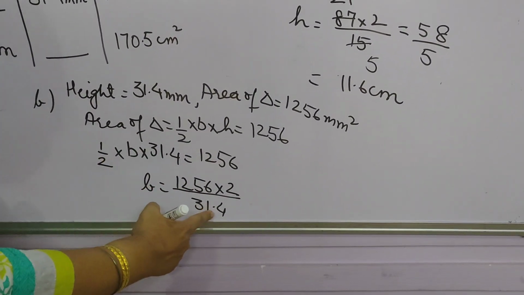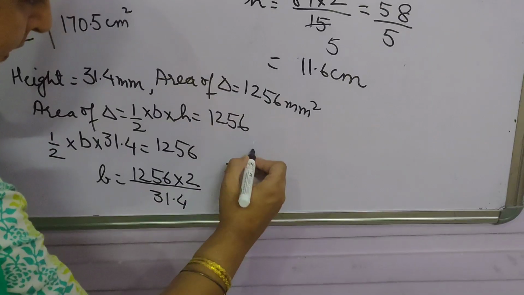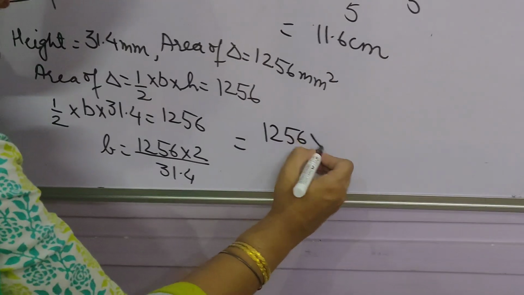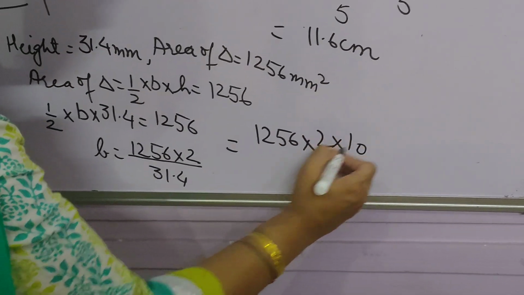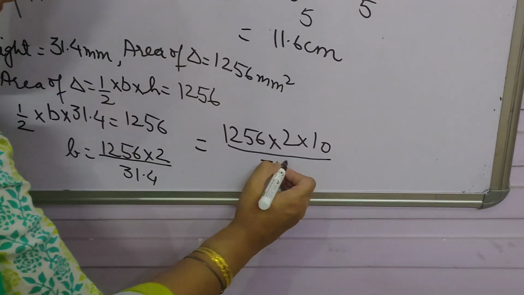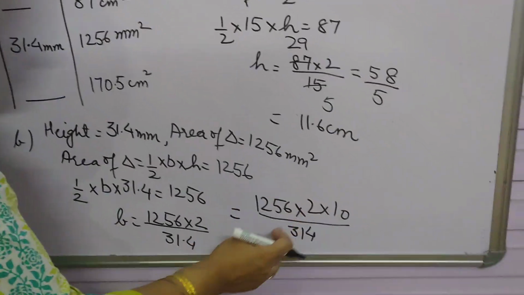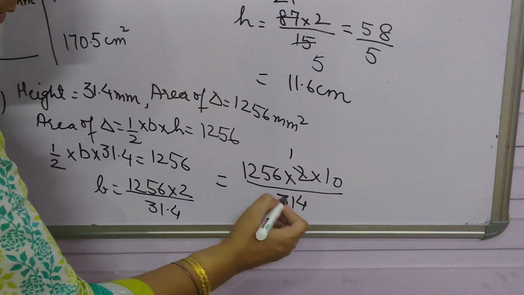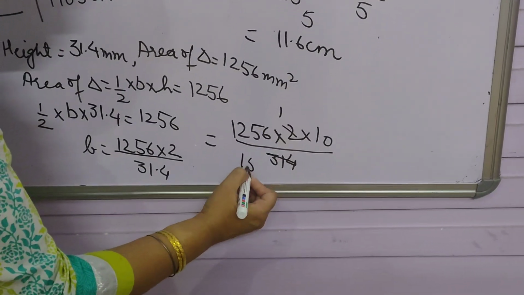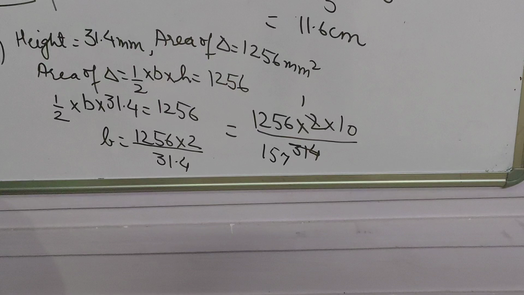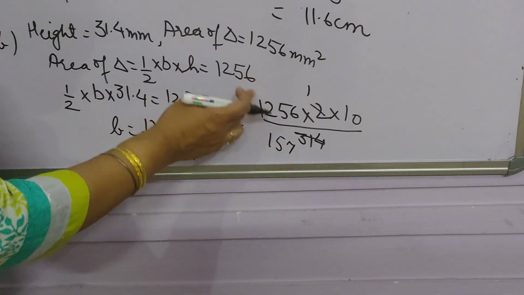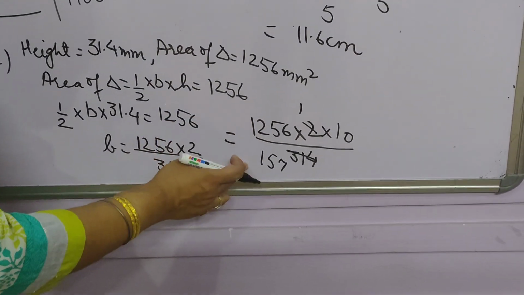Now if I remove the decimal from here, it will be 1256 into 2 into 10 upon 314. Let us divide these numbers by 2. 2 ones are 2. Now let us divide these numbers.